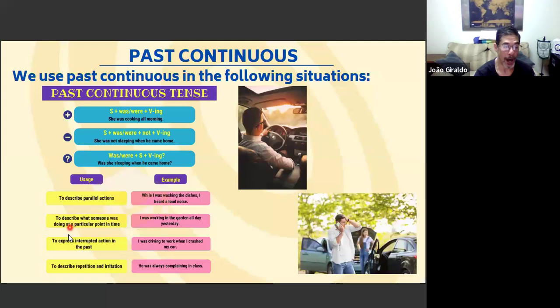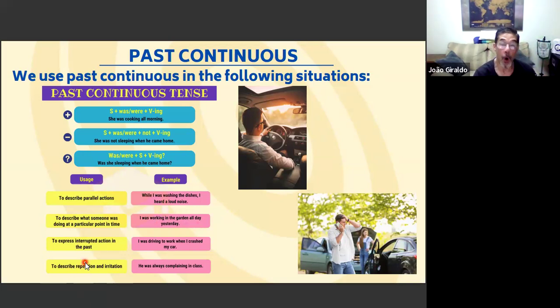Or to describe someone doing something at a certain point, like the example here: I was working in the garden all day yesterday. So I am indicating that in my day yesterday, I spent a long time working in the garden.